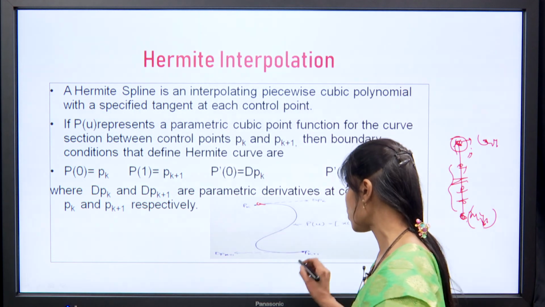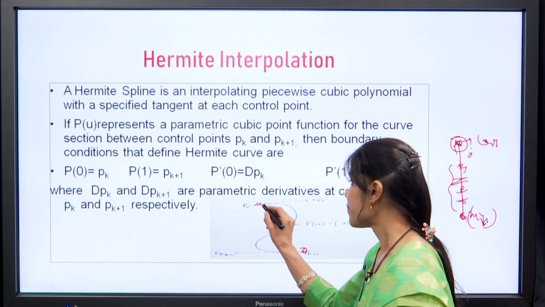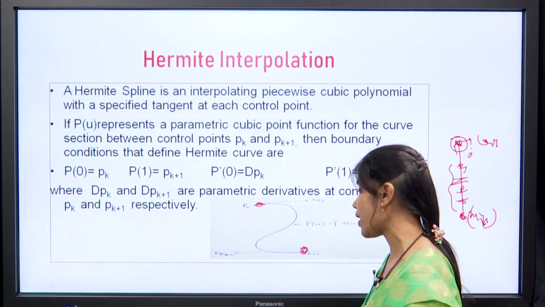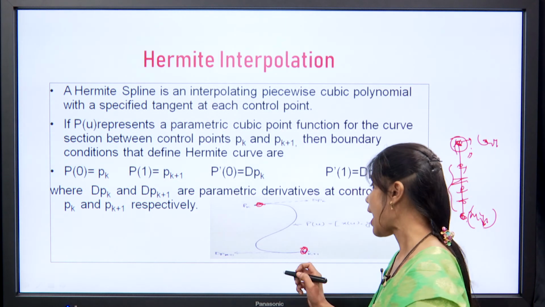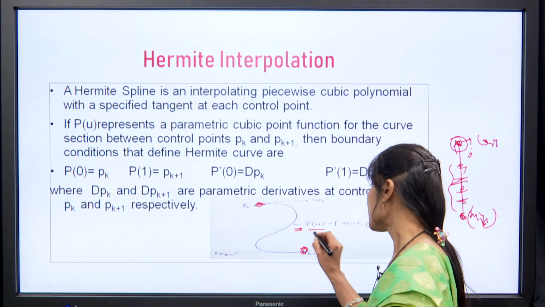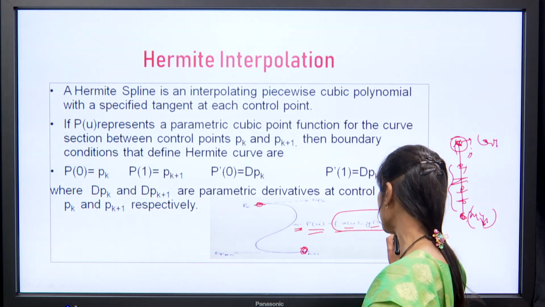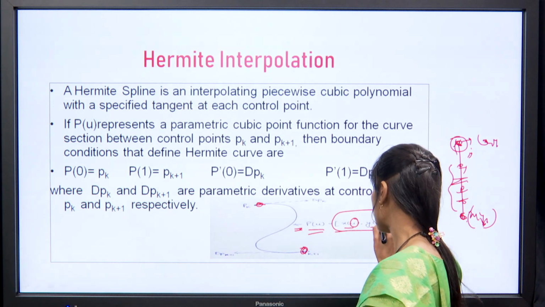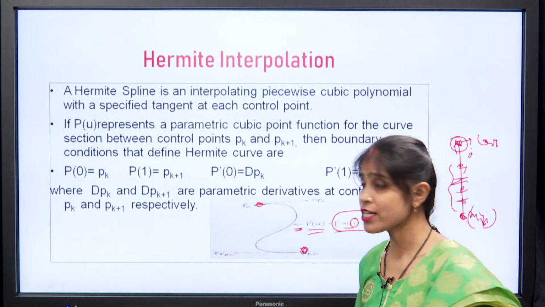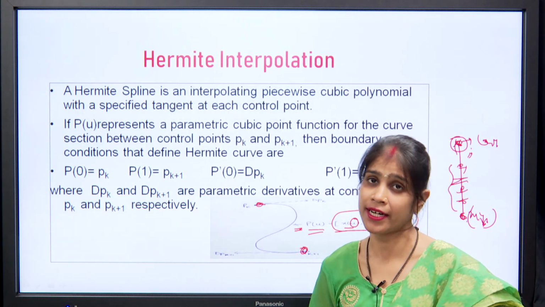Pk and Pk plus 1 are the known control points, and you have to find the value of Pu. Pu is defined by xu, yu and zu, where u is the parameter, as we are defining all the curves in parametric form.